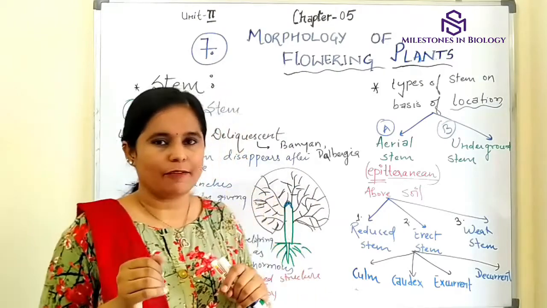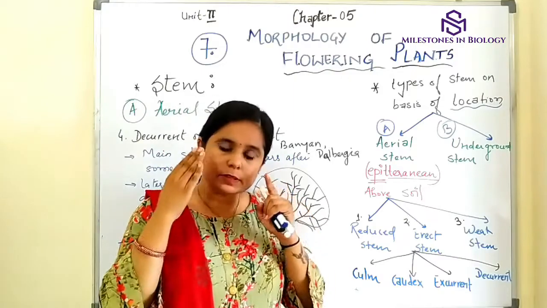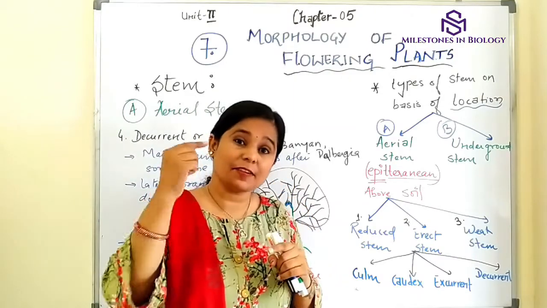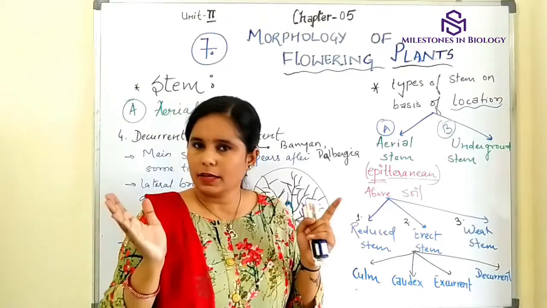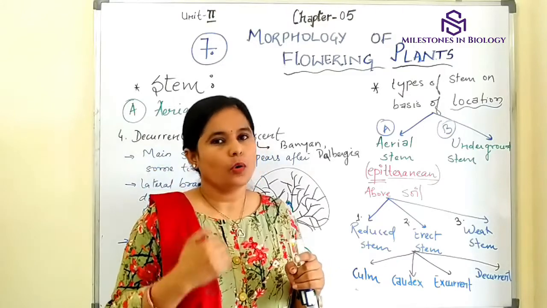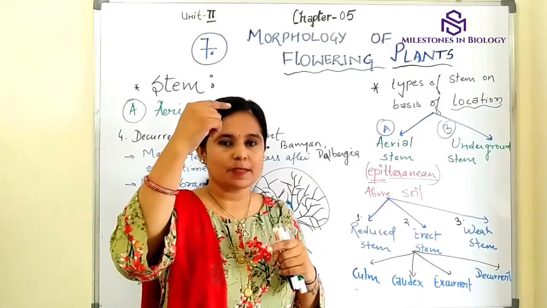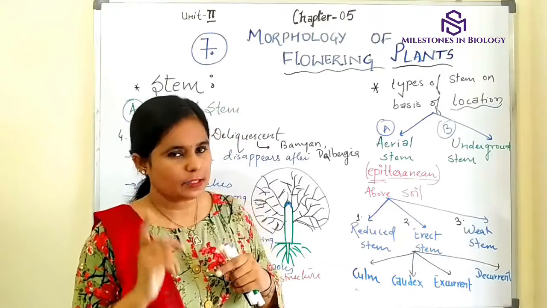Example is eucalyptus. This stem shows indefinite growth and acropetal branching. The lower branches will be broader, longer and older, whereas as you go up, the branches will be new, young and small.